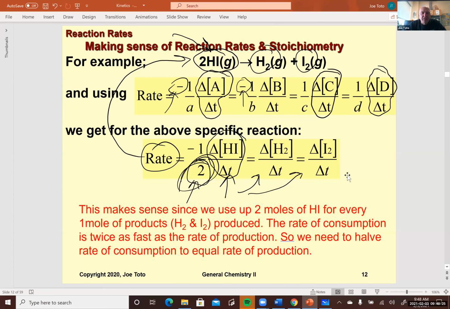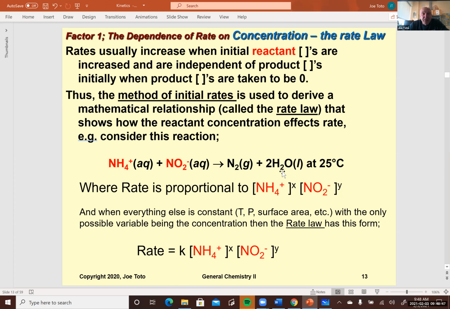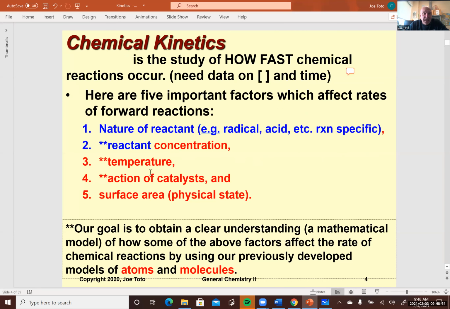Yes. Okay. All right, so now we're going to move on to a related topic, which is called the rate law. Now, the rate law centers on trying to mathematically model the effect of concentration on rate. So if we go back to that first slide, that would be category 2.